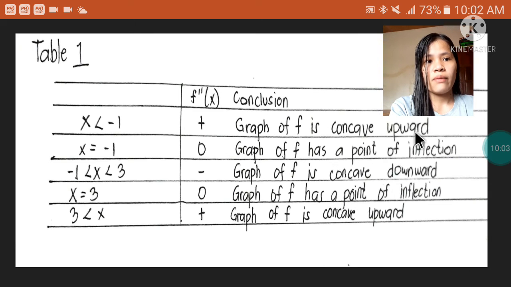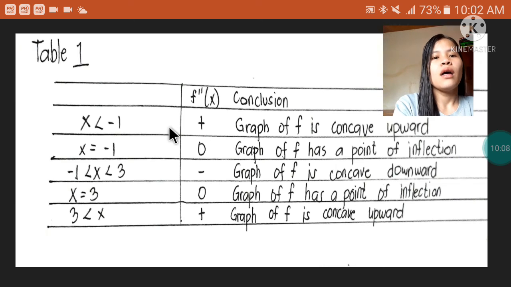Okay. And then x is equal to negative 1, and the result, when derived into the second derivative, is 0. The graph of f has a point of inflection because the result is 0. And then negative 1 less than x less than 3.